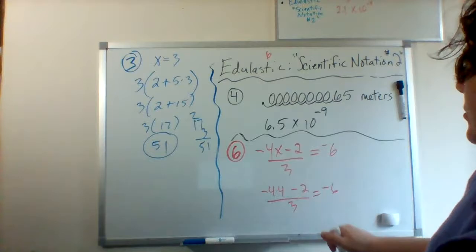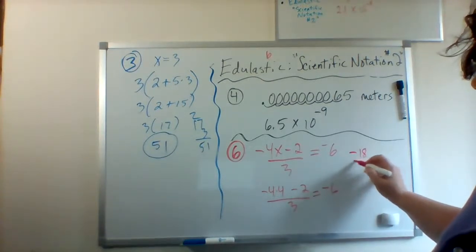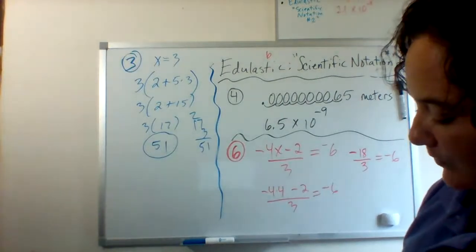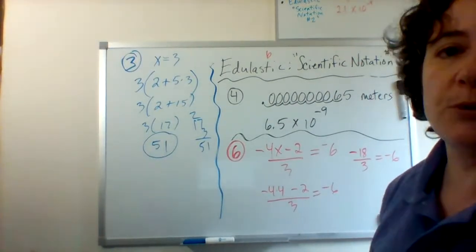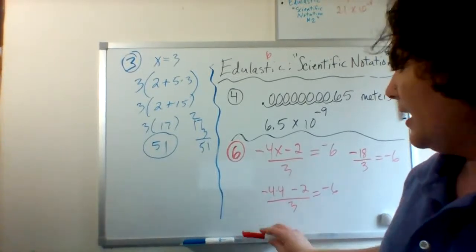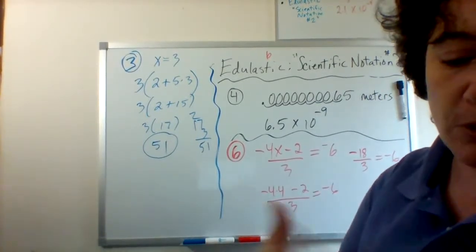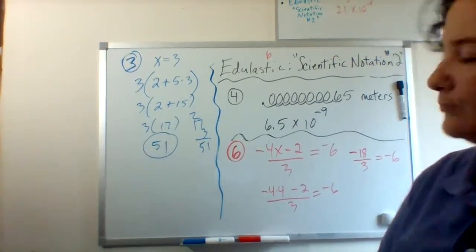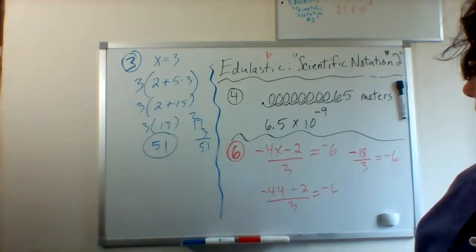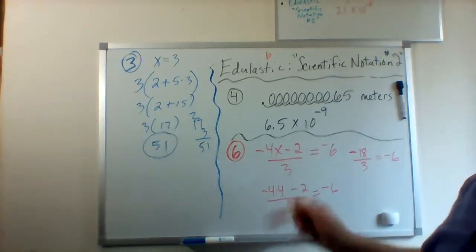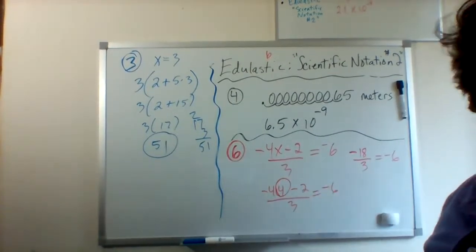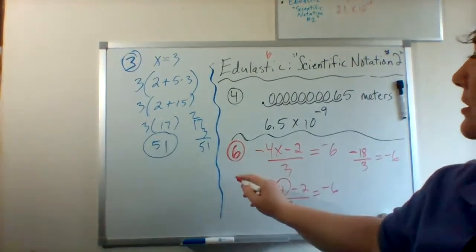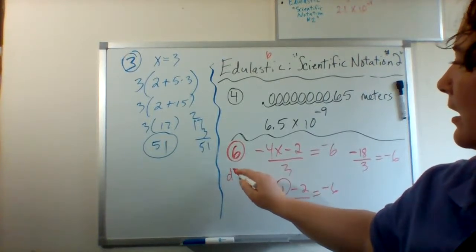Negative 16 minus 2 is a negative 18. What is a negative 18 divided by 3? It's a negative 6. I only started with small numbers because they're faster, and if this was a timed test, you want to try stuff that's fast first. So the answer was D, which is 4.